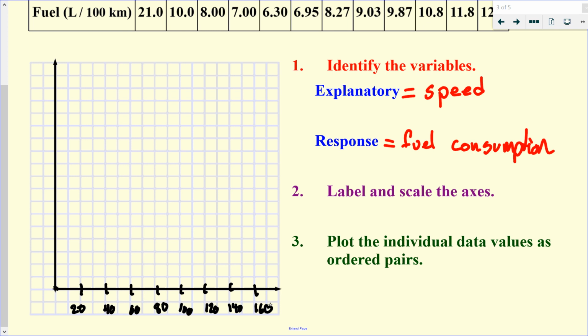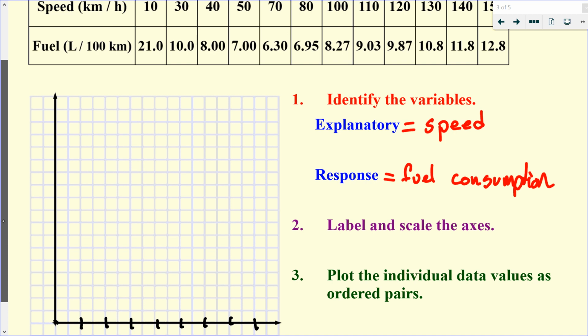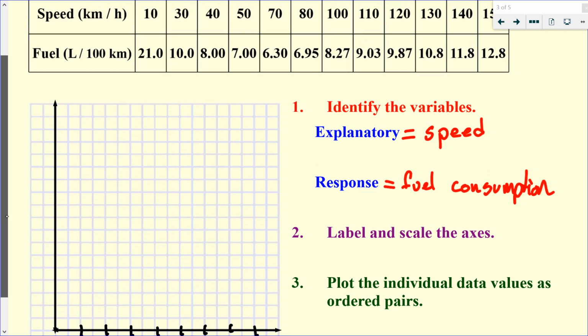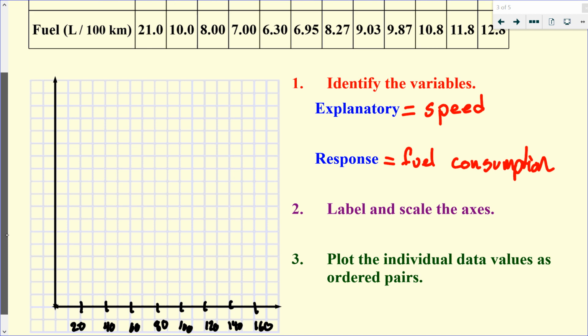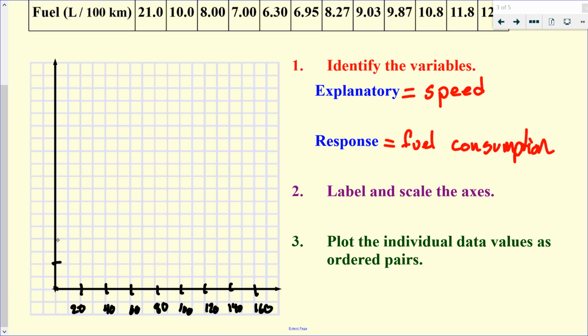Have a little bit more than we need, but should be okay. And this one looks like our fuel consumption goes from anywhere from 7 to 21. So probably do this counting: 4, 6, 8, 10, 12, 16, 18, 20. So that's 4.